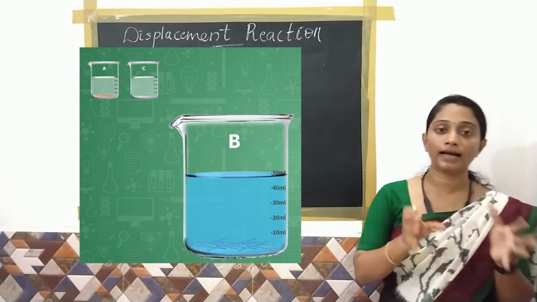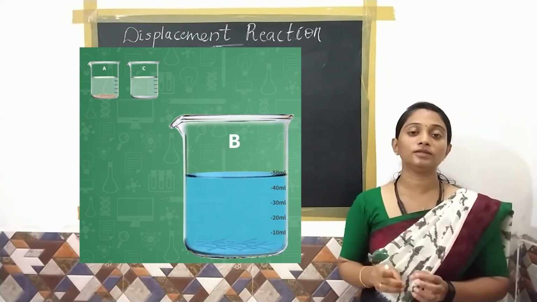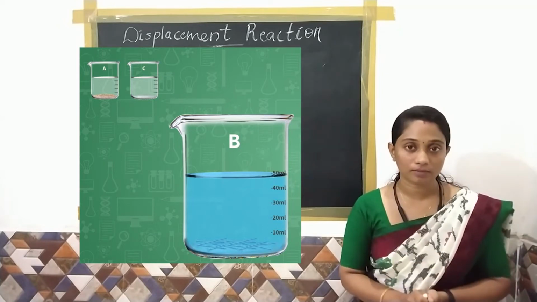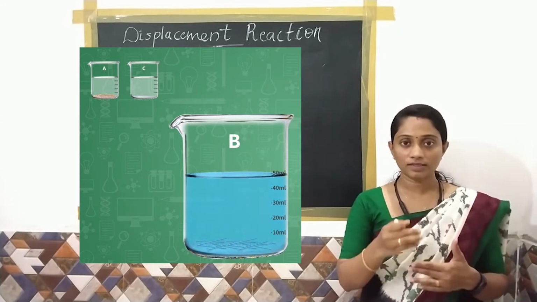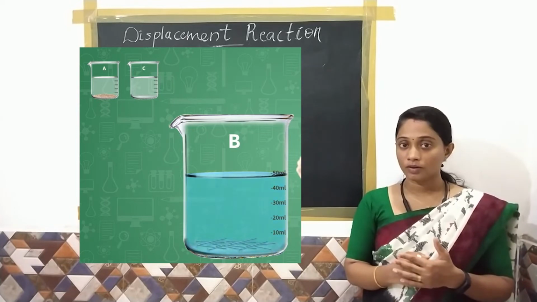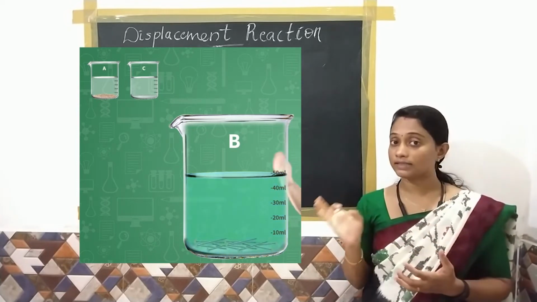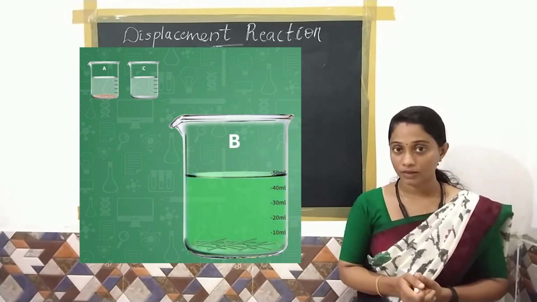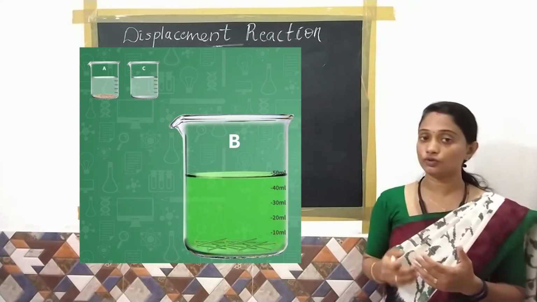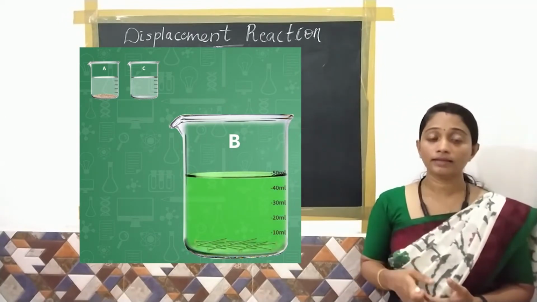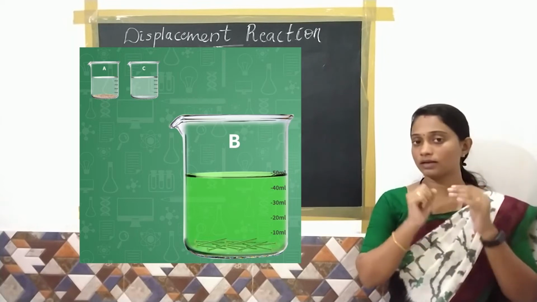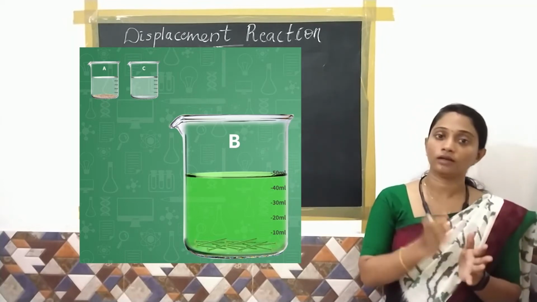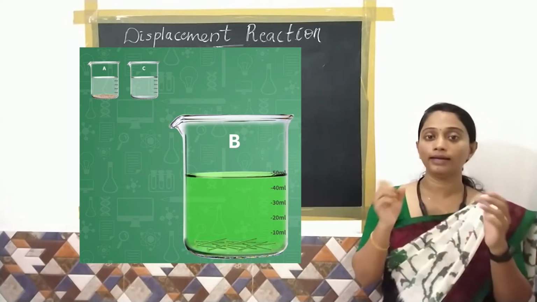After adding the iron nails, keep the solution undisturbed for some time. After some time, we carefully observe the color change of the solution. The blue has changed to green. Again, it indicates a chemical reaction takes place between copper sulfate and iron.